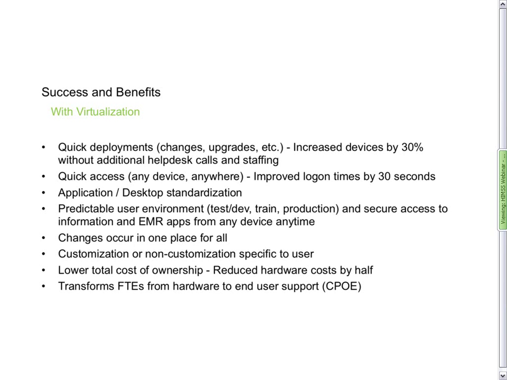It allowed us to transform 3 of our desktop FTEs from hardware-based duties to end-user support to help with our CPOE rollout and other meaningful use applications, providing 24/7 on-site access where we had people on call before.